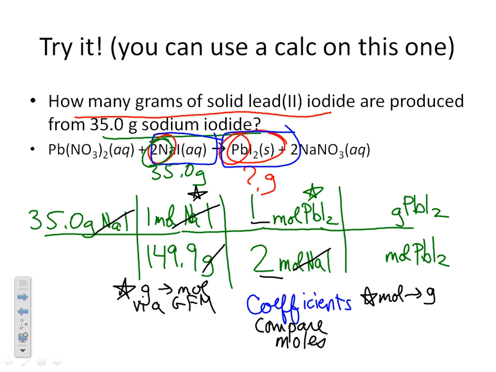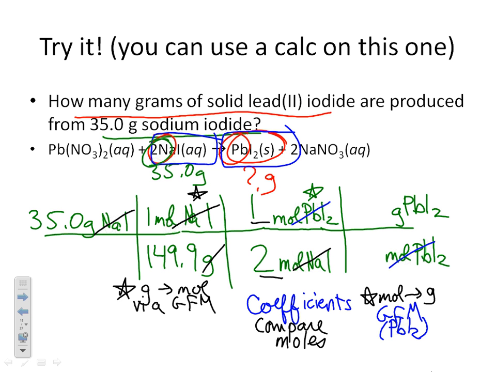We do that using gram formula mass, but it's a different gram formula mass. Now it's the gram formula mass of PbI2. We've taken care of the conversion for the sodium iodide, right? We're done with the sodium iodide now. All those units have canceled out. What we're left with is moles of PbI2 to grams of PbI2. So now we want to really be focusing on that.